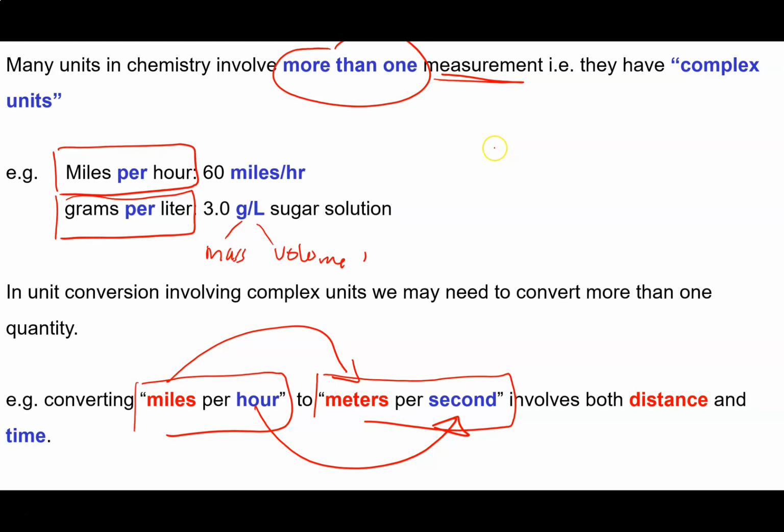Miles per hour, if I'm doing 60 miles per hour, it can be written like that, but it's also completely valid to say that in 1 hour there are 60 miles. So we also need to be aware that these conversion factors with complex units can be written either way up, just like any other conversion factor.